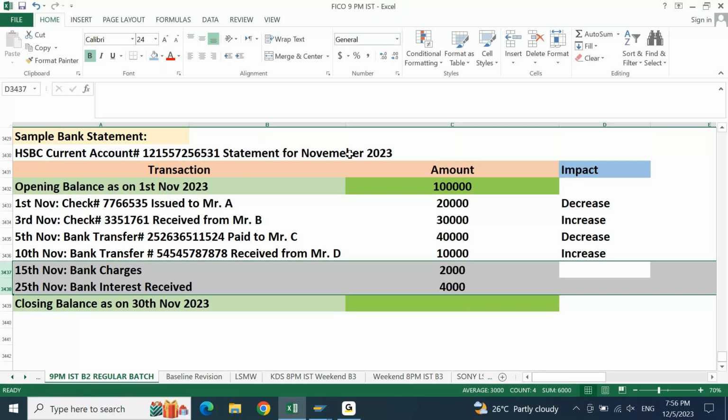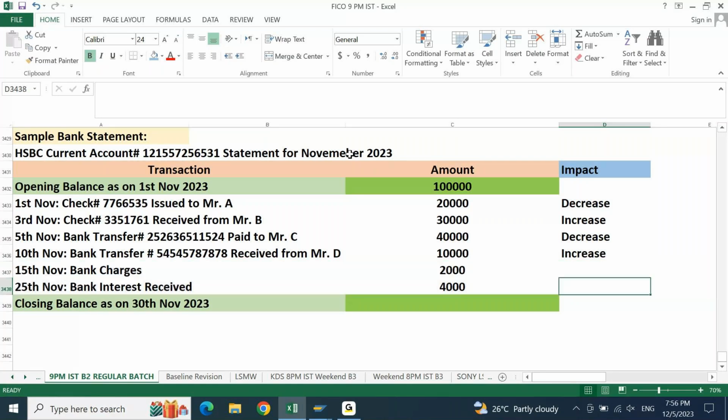Similarly, unless you see the bank statement, you do not know what incomes are credited into your bank account, like interest, commissions, whatsoever. Only after looking at the bank statement, you will come to know these are all the incomes that we received from the bank in this month, and these are all the expenses that we incurred in the bank in this month.